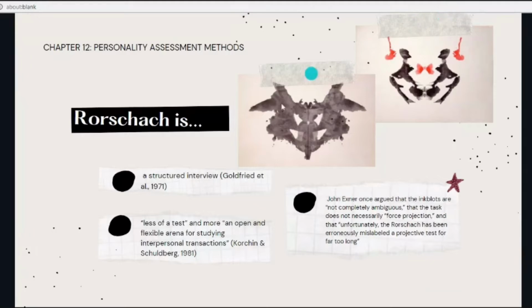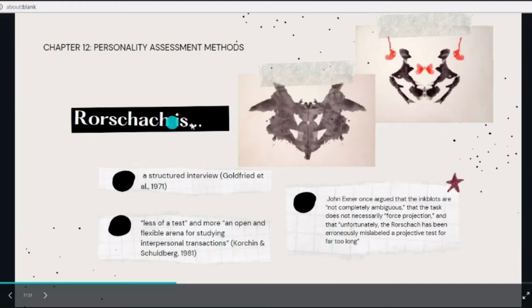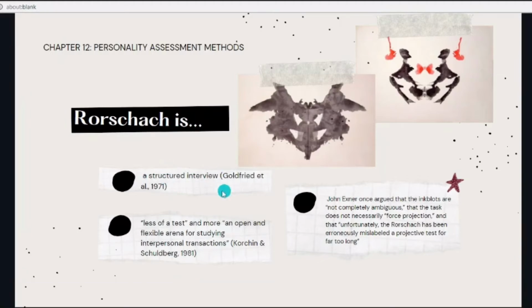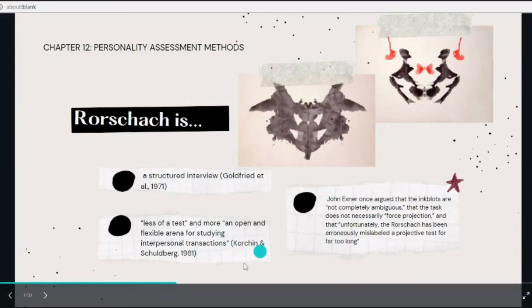For example, Goldfried et al., 1971, say that the Rorschach is a structured interview. Korchin and Schuldberg, 1981, say that the Rorschach is less of a test and more of an open and flexible arena for studying interpersonal transactions.